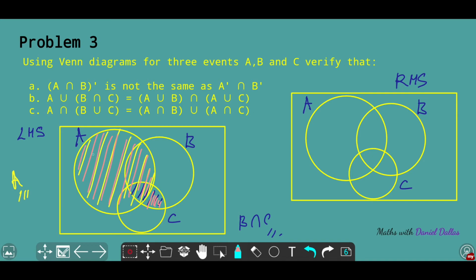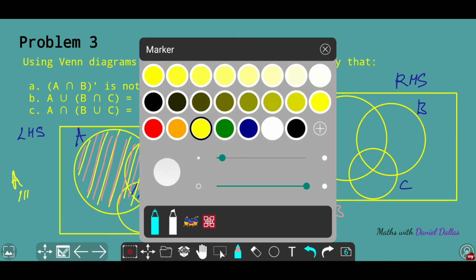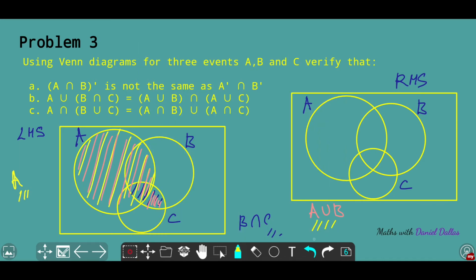On the right hand side, obviously we need to get the same type of shading. So first of all, I'm going to consider A union B, and I'm going to use this type of shading. A union with B means we're going to shade the whole A together with B. That's going to be this type of shading, the yellow one.